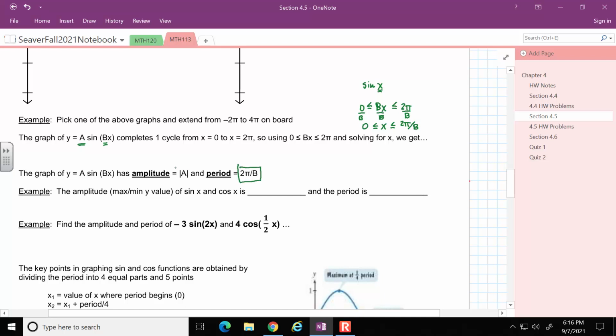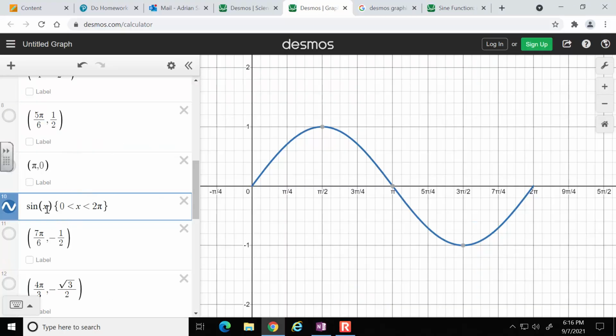So the amplitude, the absolute value of that A value, gives me how high or low it's going to go. If I take 2 pi divided by the multiplier, this b of x, that tells me how long it takes my graph to complete one period. Let's say I make this 2x.